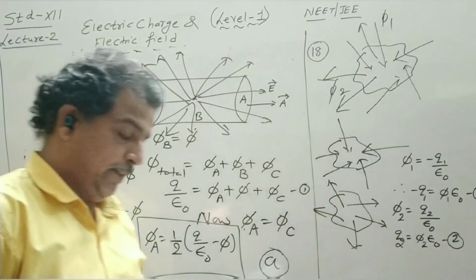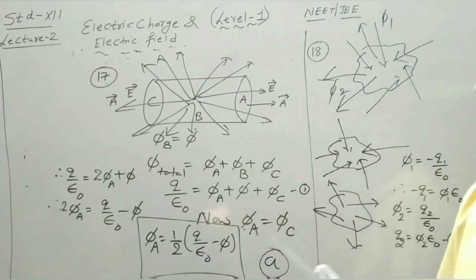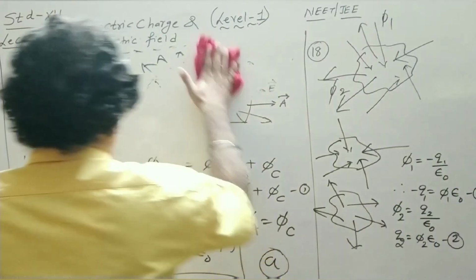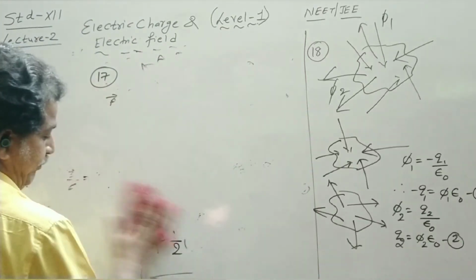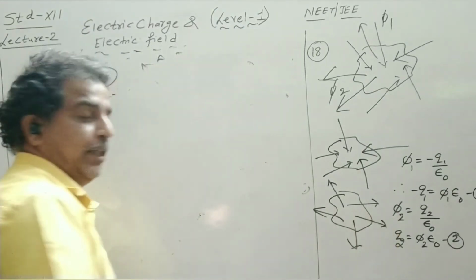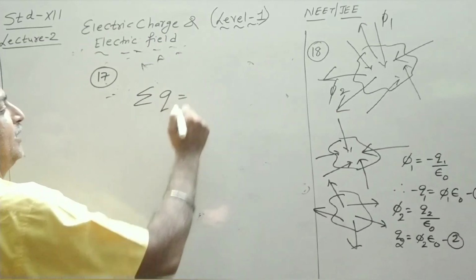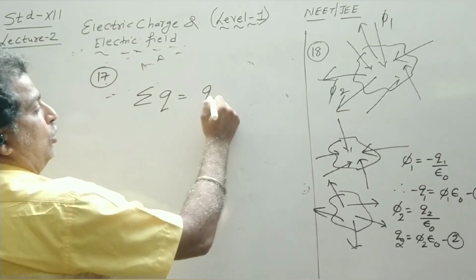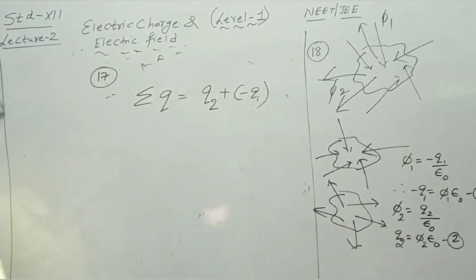Now the question is, what is the total electric charge inside the surface? So according to the law of conservation, the total charge enclosed is simply the summation. So there is Q1 negative charge and Q2 positive charge. So total charge summation Q is equal to Q2 plus of minus Q1.